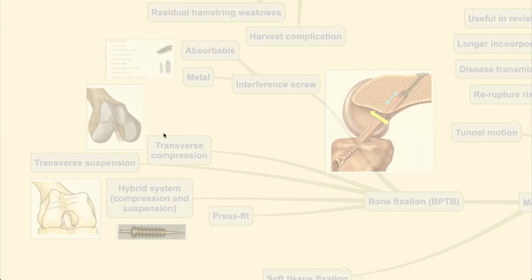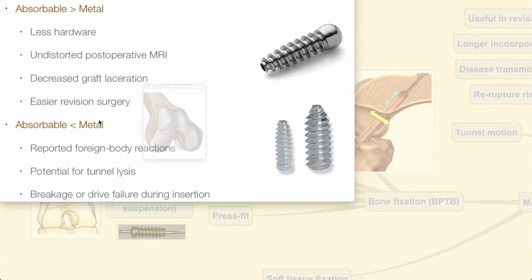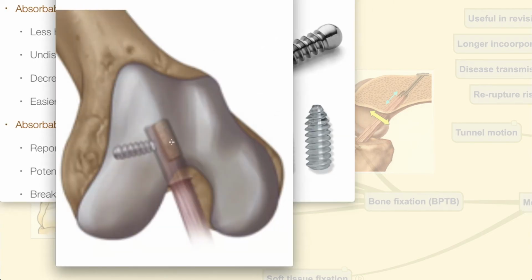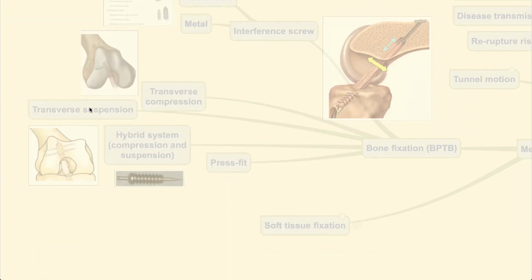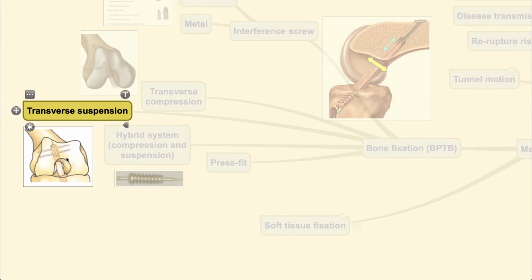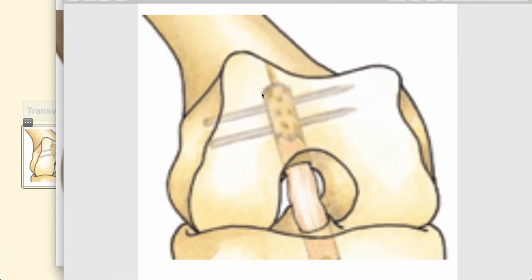And then you could also use a transverse compression technique in which this plug of bone is compressed from a transverse directed force, also using a screw. And next, you could use a transverse suspension type of technique. In here, you could see that the bone plug is being held in place by two pins that suspend this bone plug.